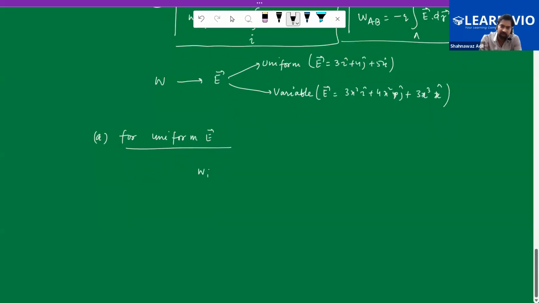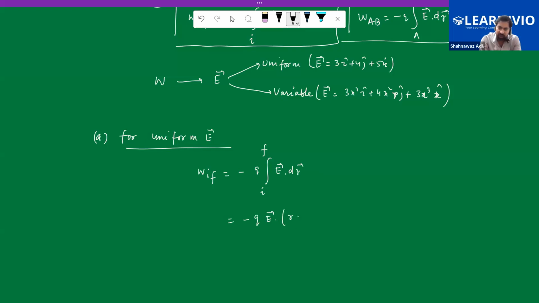This would be the integral from initial to final of minus Q E dot dr. For a uniform field, we can take this outside, and this would be simply minus Q E dot (R final minus R initial). So this would be the work done, and this we have to remember. For a uniform electric field, this is the work.